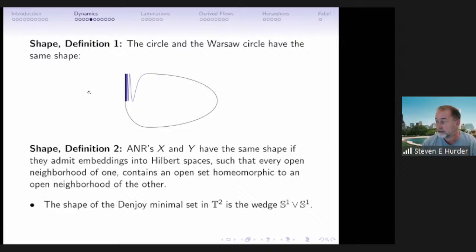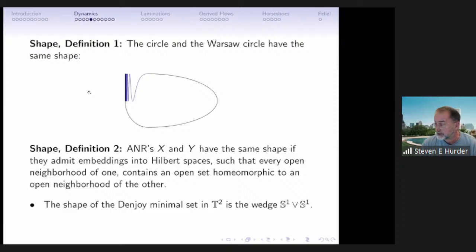Certainly the idea of shape is that it's a concrete form of homotopy theory on the level of homotopy. So for example, if you look at a minimal set in a torus, you know that it's transversely Cantor, but more importantly, if you take out one point, you can find a point that does not hit the minimal set. It's in the open complement, and what is left retracts onto S1 cross S1.